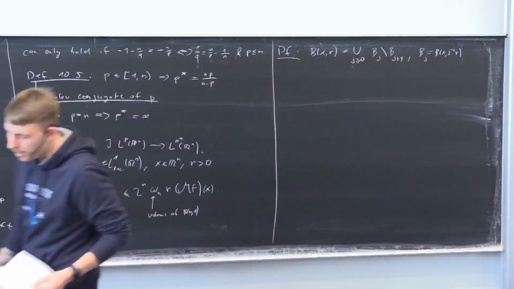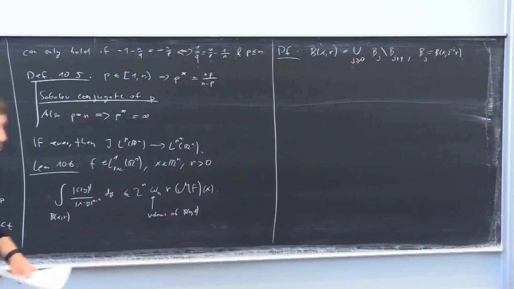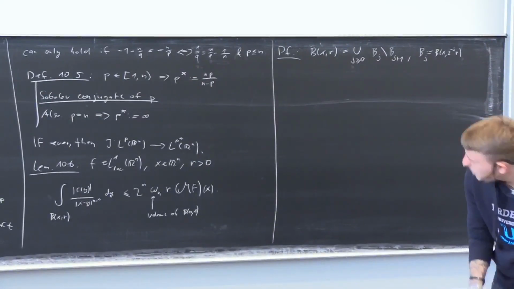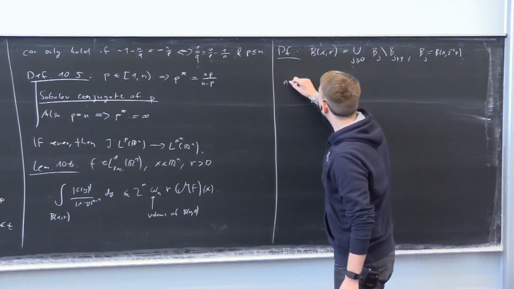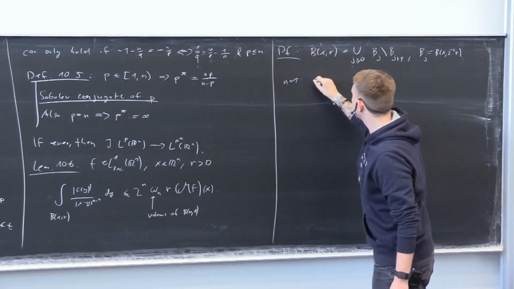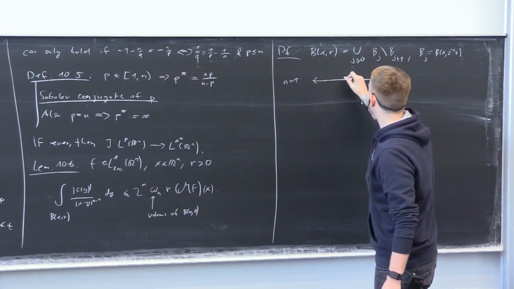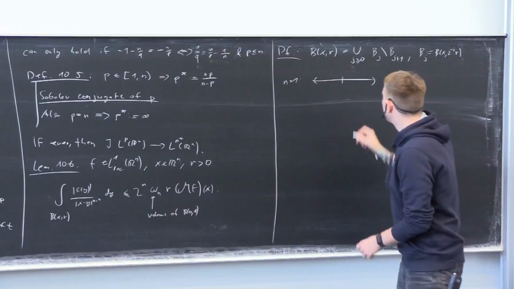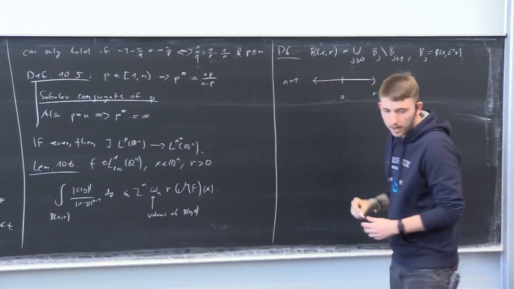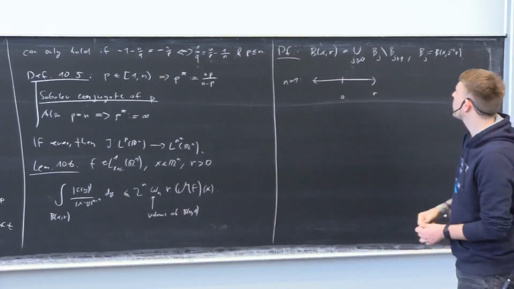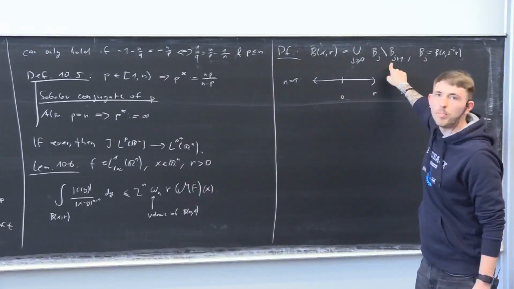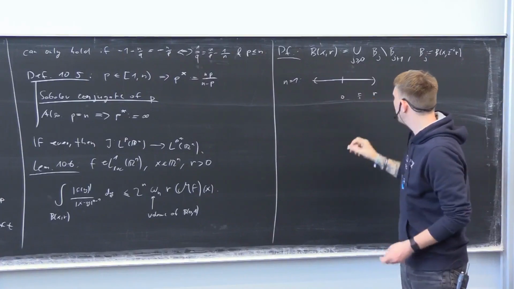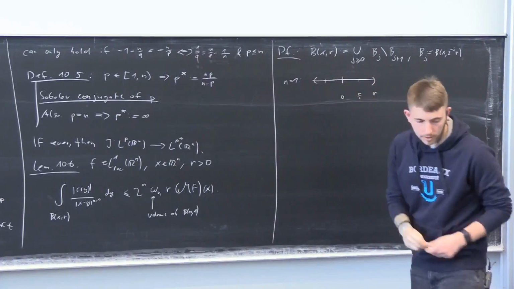Maybe we can make a small picture. I brought all these colors but didn't use them so far. So in dimension 1, this would look like this. I have here my ball in dimension 1, it's just an interval. So here is 0 and here is r. And then in the first generation, I have to remove a ball of radius r/2. So right here r/2. Here's minus r/2.